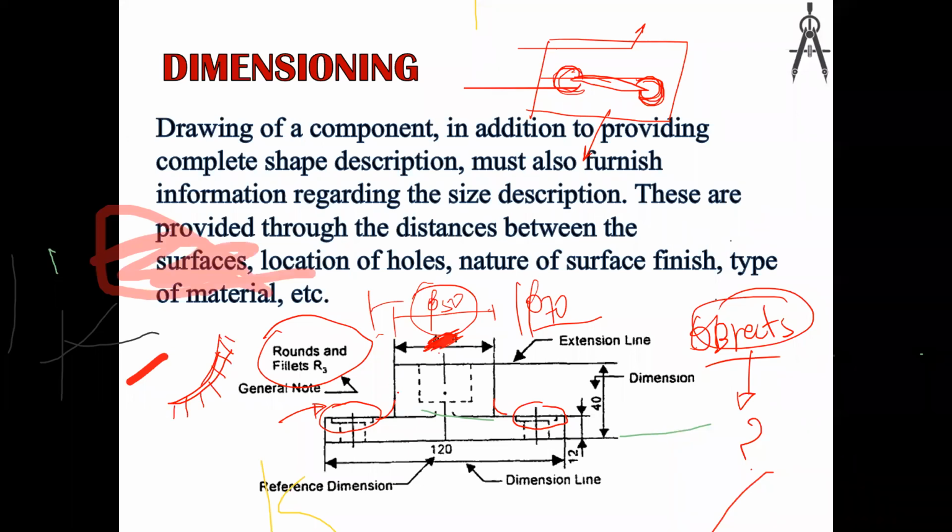That's why when two surfaces are meeting, that point is made a fillet or round shape. That is what I just explained about the fillet.